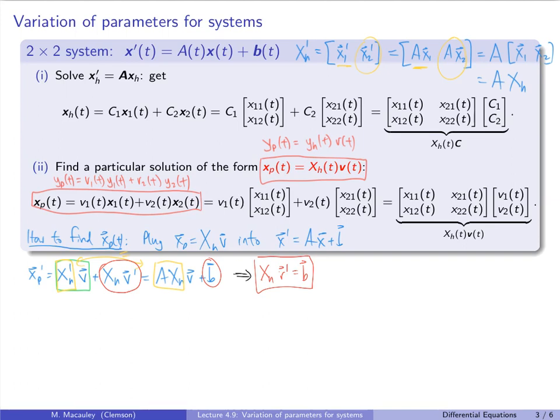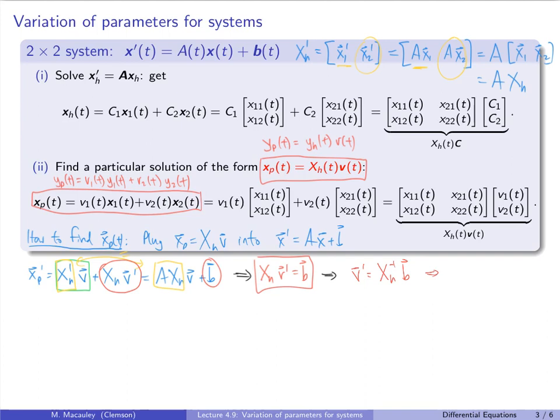Okay, so this is something that we know how to do. All we have to do is multiply the left and right hand side by the inverse of xh, and we get our solution, that v prime equals xh inverse times b.